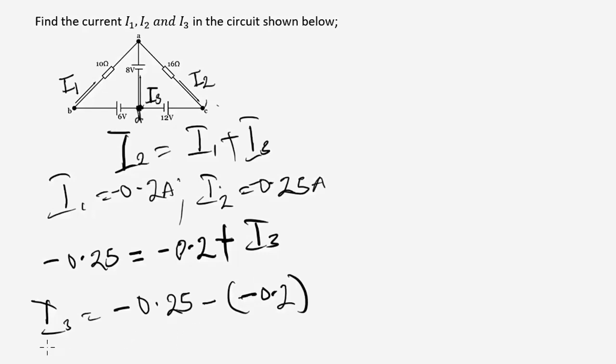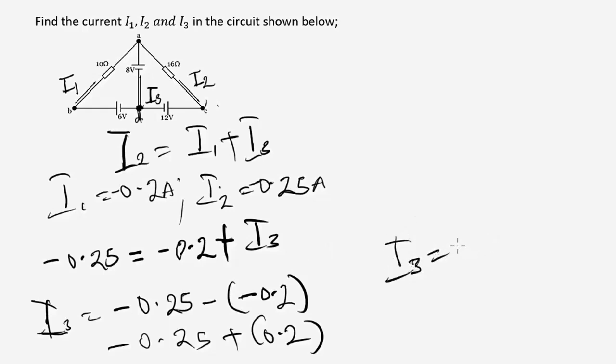Alright, so here, if I have our I3 to be this, we can change this to positive. So we'll say negative 0.25 plus 0.2. So when we add up this, we have our I3 to be minus or negative 0.05.